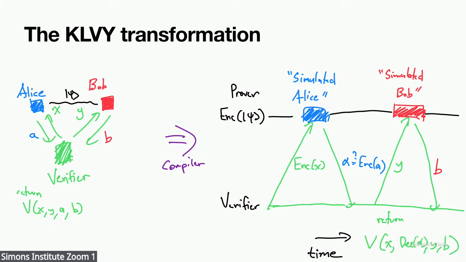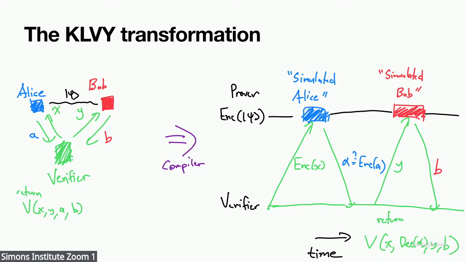So it's going to say the prover should first prepare an encryption of the shared state that Alice and Bob would have shared. And now the verifier, instead of sending the challenge X, will send an encryption of the challenge X under homomorphic encryption. And the prover will simulate whatever operation Alice would have performed to obtain an encrypted measurement outcome alpha.